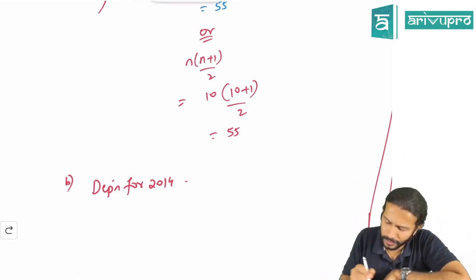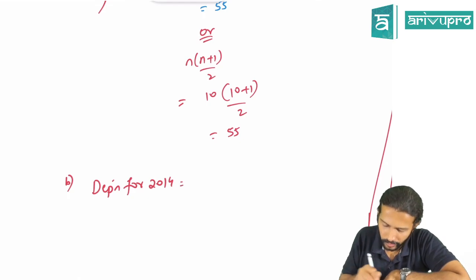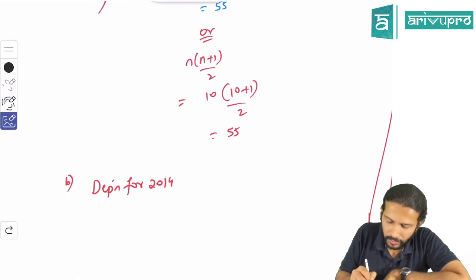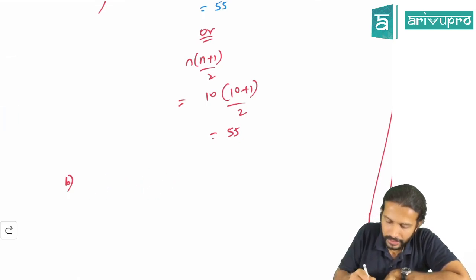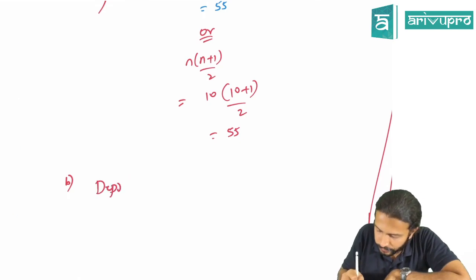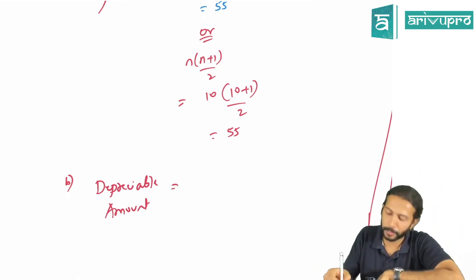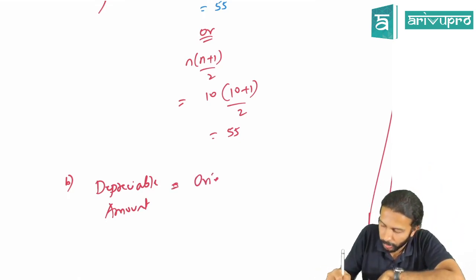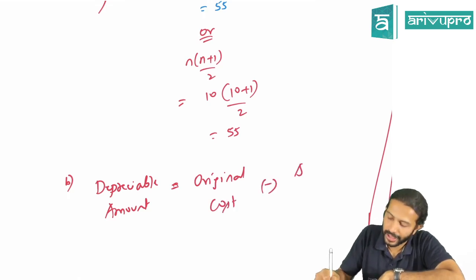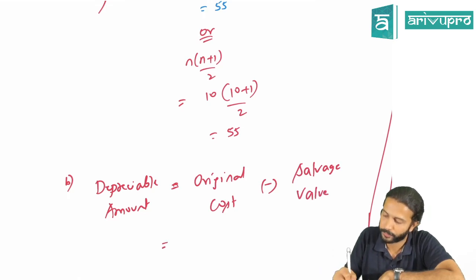Now, how is depreciation calculated here? Before this, I'll calculate the depreciable amount. How do you get the depreciable amount? I showed you already in the chart. Depreciable amount is nothing but original cost minus salvage value, or scrap value or residual value.